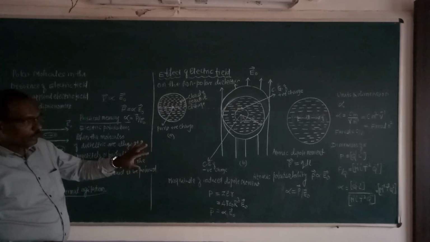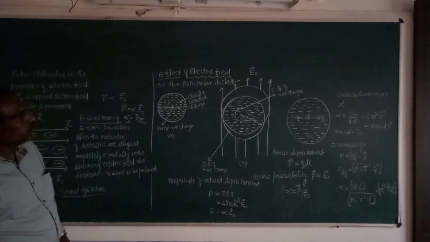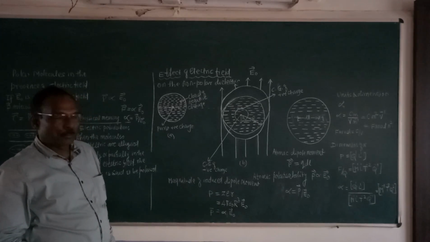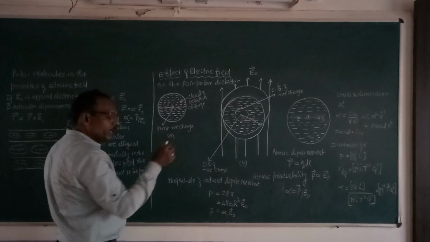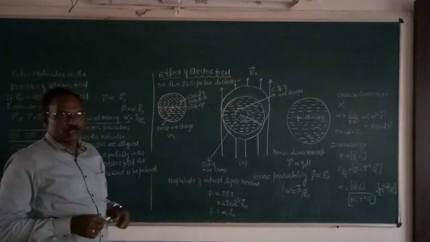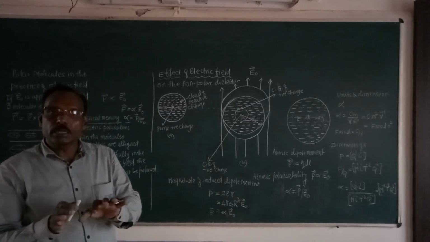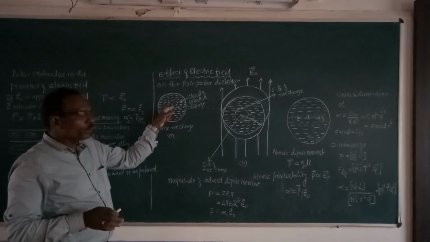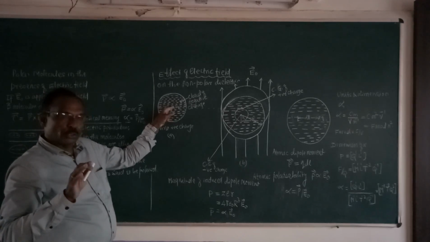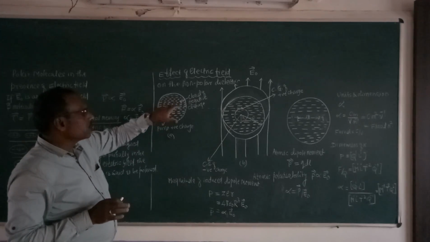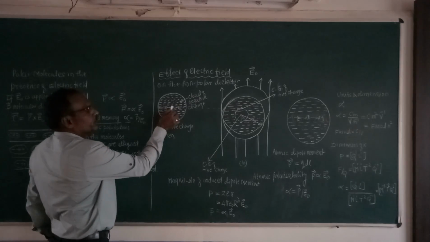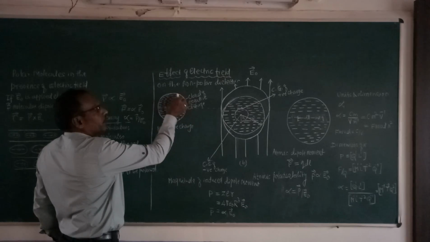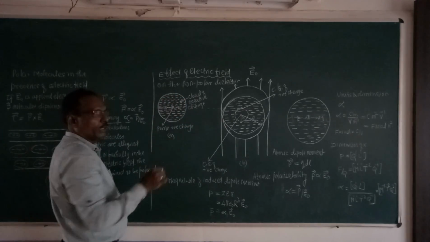Let us see the same concept in the case of a non-polar molecule. When we have a non-polar molecule like this, the center of gravity of the positive charge, called the nucleus, is coinciding with the center of gravity of the negative charges.